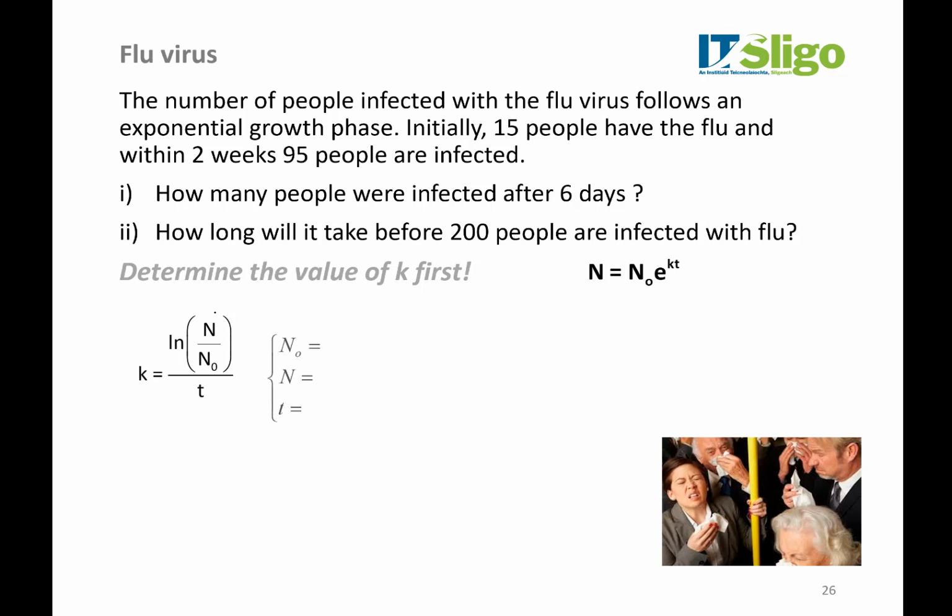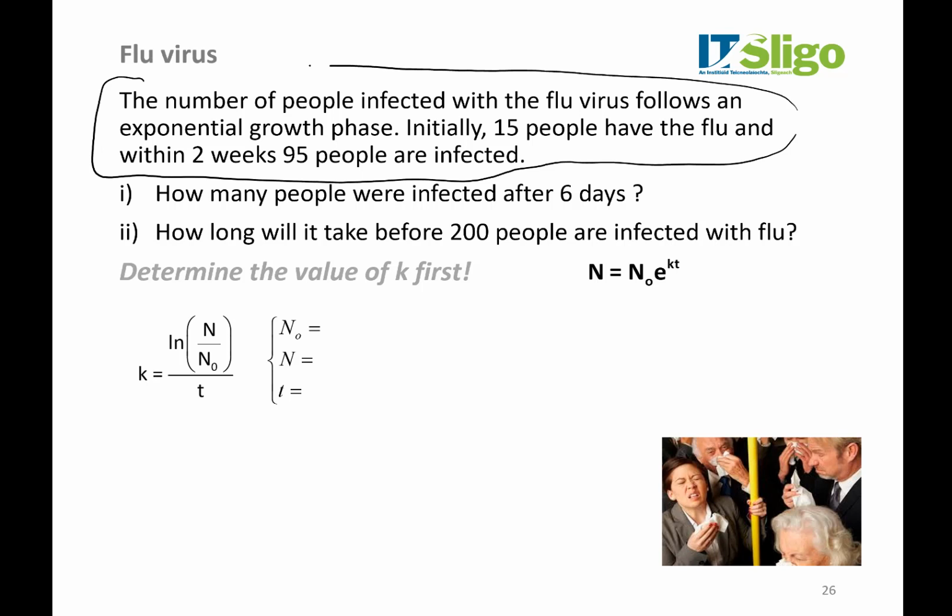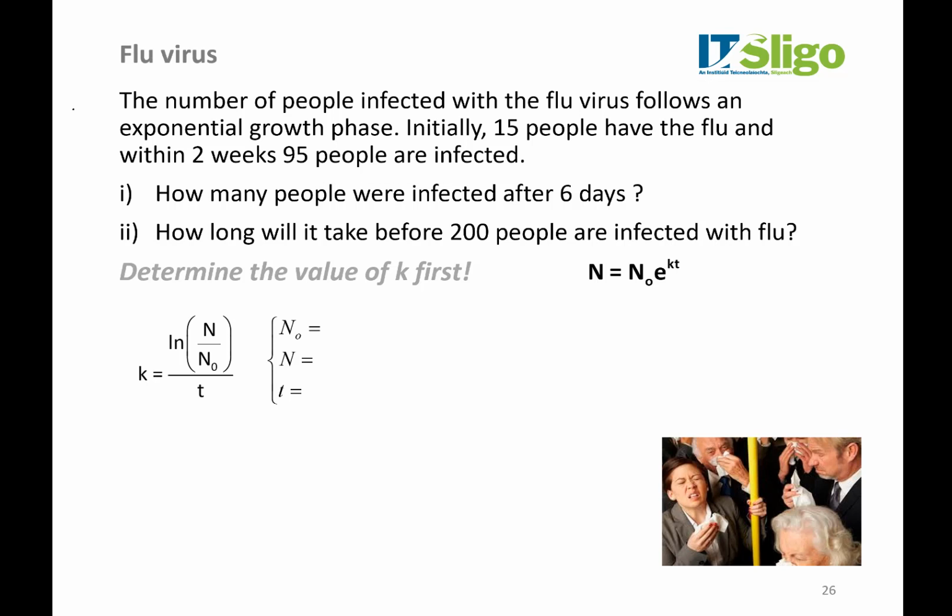So now, from the first stage, don't try and answer the question, guys, until you've worked out k first of all. The first sentence will usually give you an initial value, a new value, and the time in between them. And from that we calculate k.